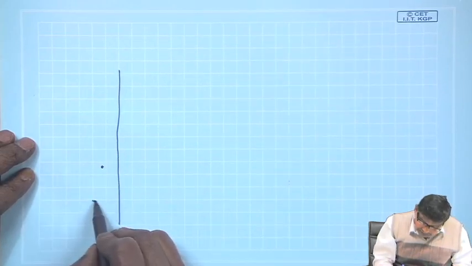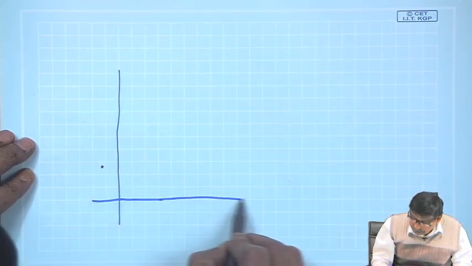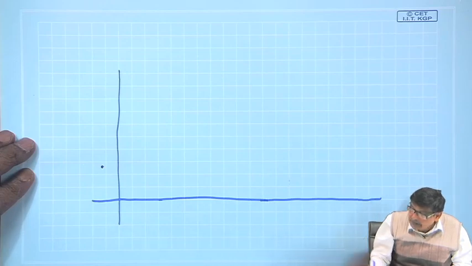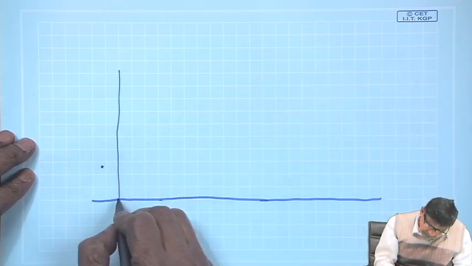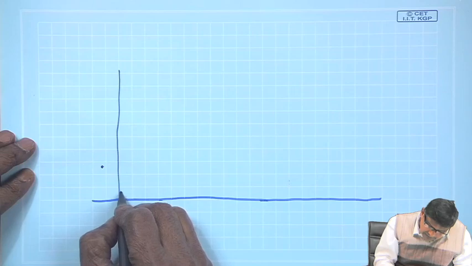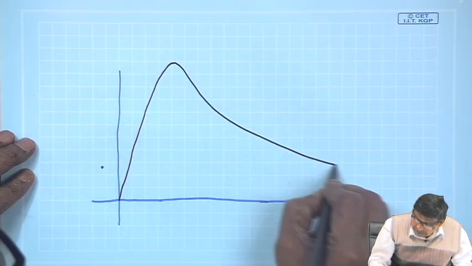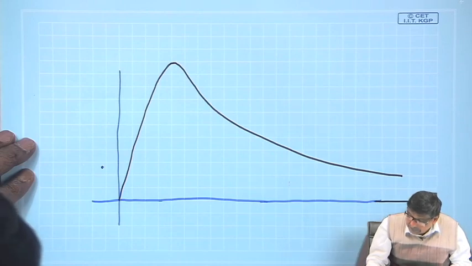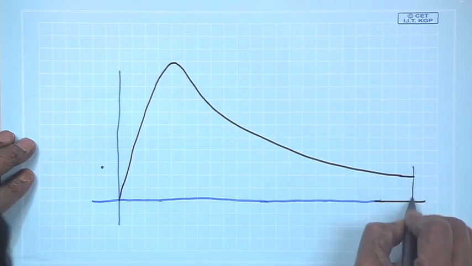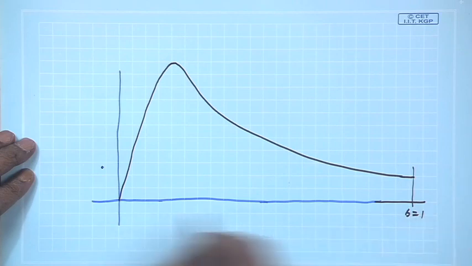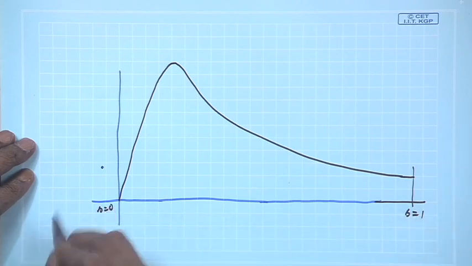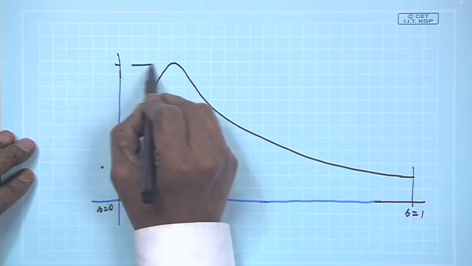Make practice drawing yourself. So, suppose this is a typical well designed 3-phase induction motor, the torque slip characteristics is like this. This is once again S equal to 1, this is S equal to 0, this is T max.